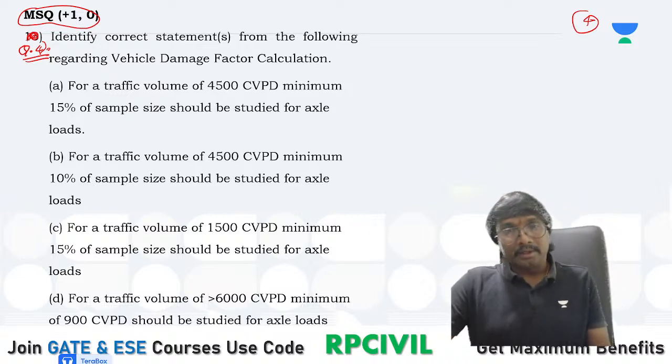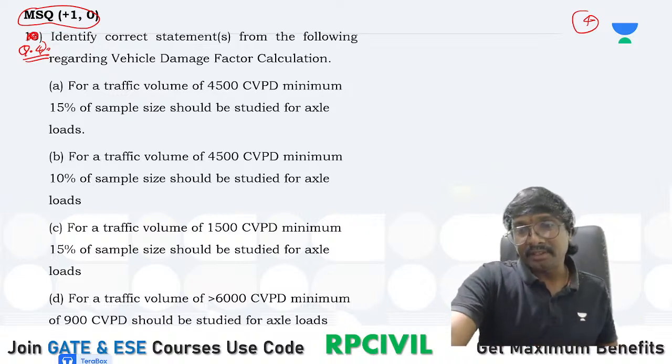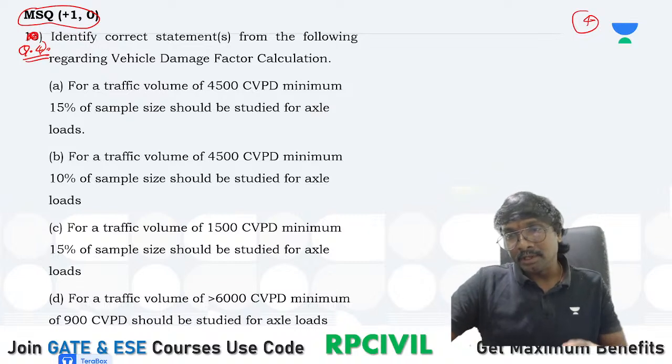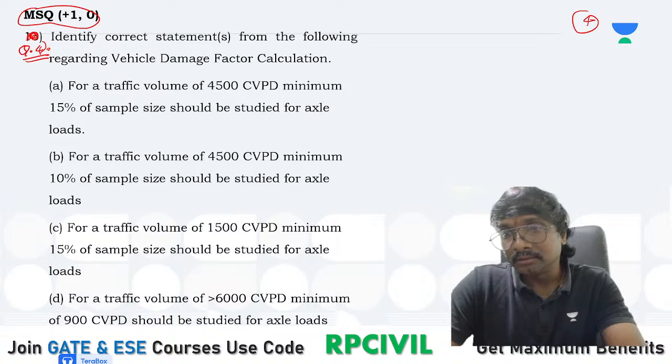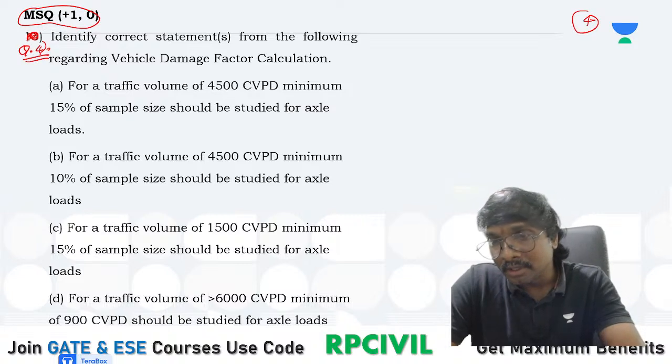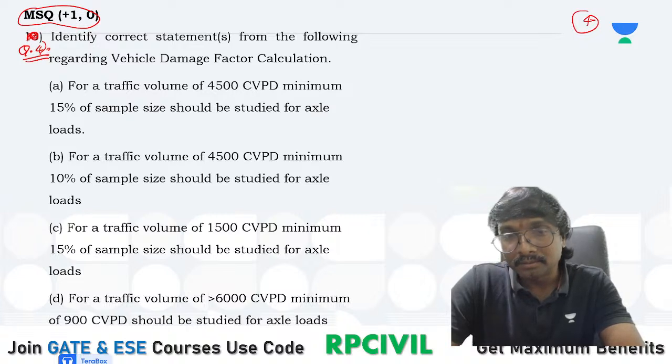Here, what is the deflection factor we have to take? Tell me. What is the factor you wanted to take? Parihar, what is the factor?